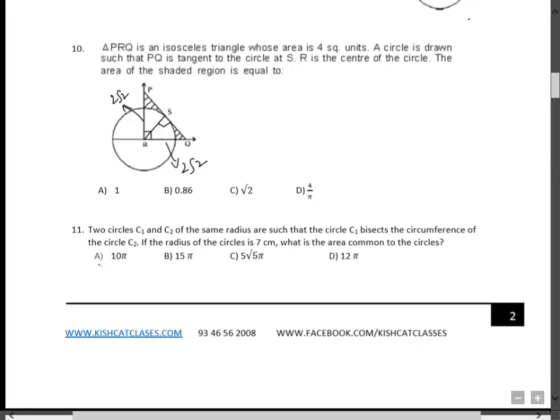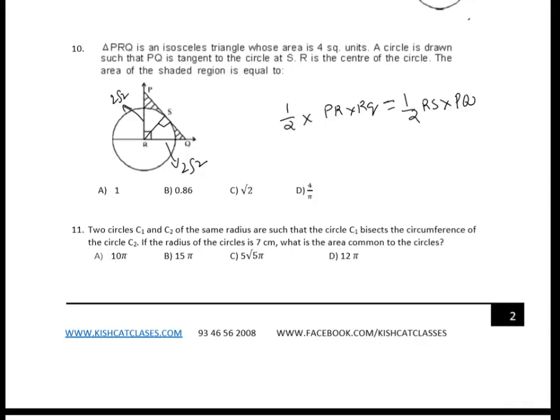Now half into PR into RQ is equal to half into RS into PQ. Now, how much? RS is 2.